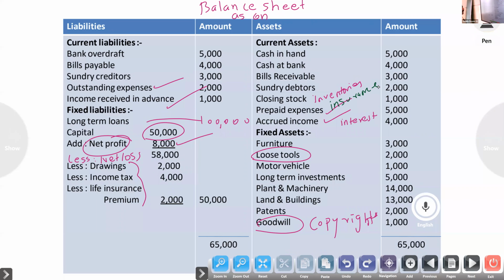Fixed assets: furniture, land and building, plant and machinery, investment, motor vehicle, patent, copyright, goodwill. Then the liability side: bank overdraft, bills payable, sundry creditors, adjustment items, outstanding expense, income received in advance. Then long-term liabilities, loan, capital. Whenever you write capital, capital add net profit, less drawings.